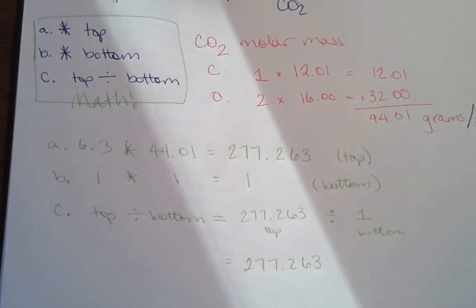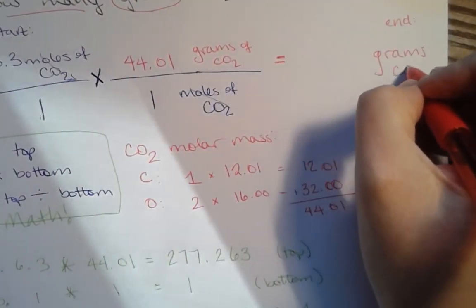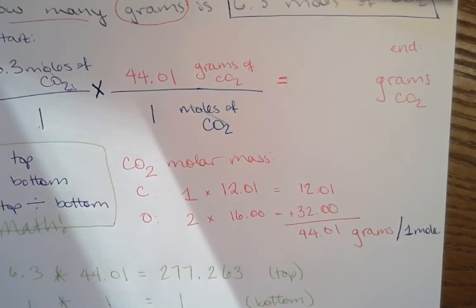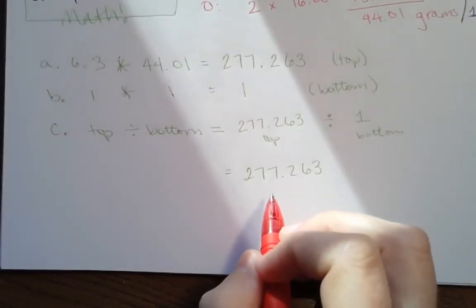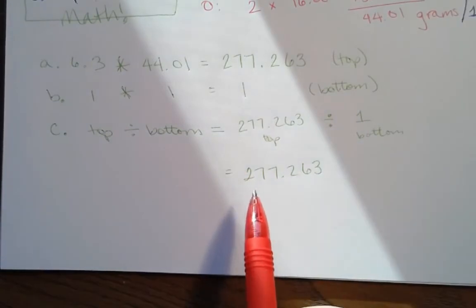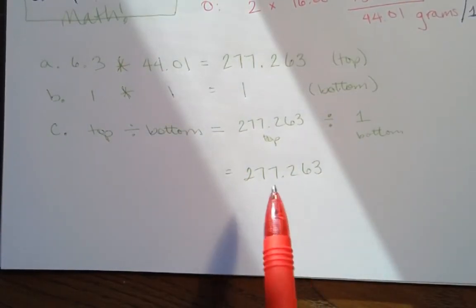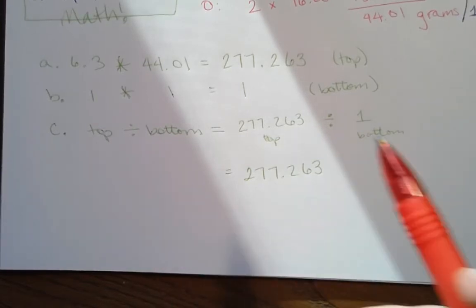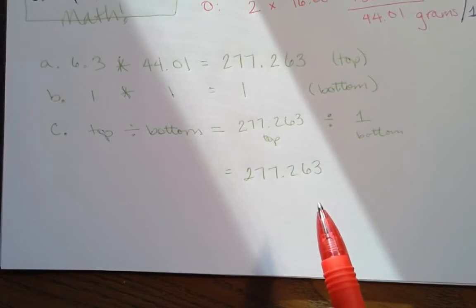So that's your answer. Your units are totally critical. We're solving for grams of CO2. This number by itself is wrong. This number by itself has no meaning whatsoever. We're getting metaphysical or whatever. This is just a number. And in math class, numbers being numbers is a thing.